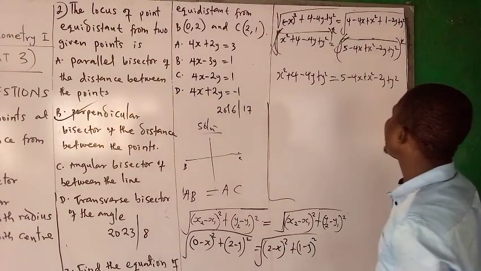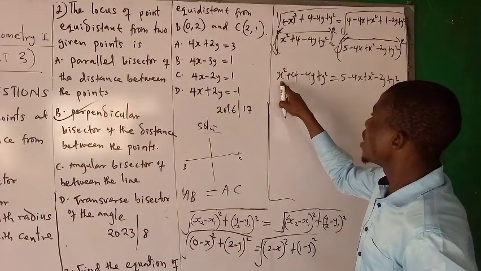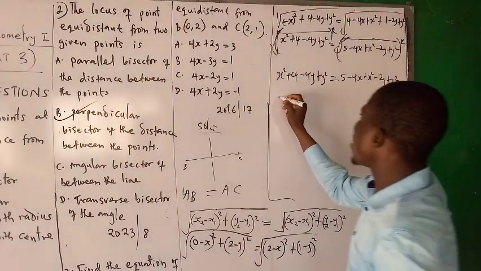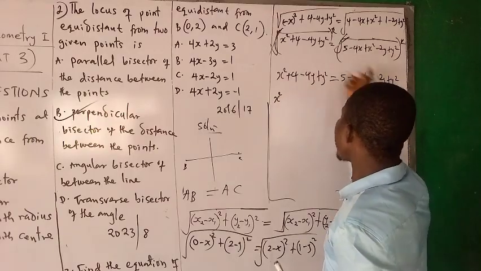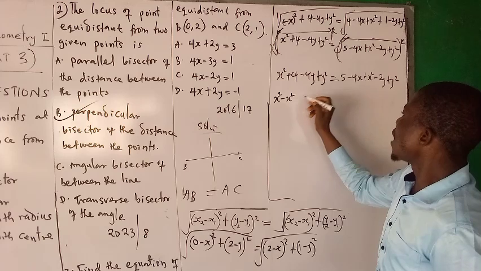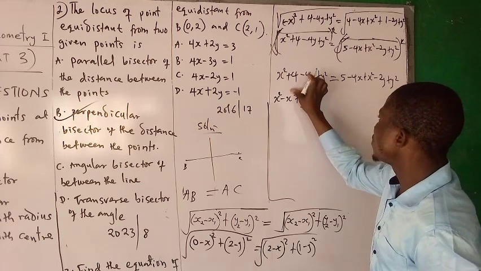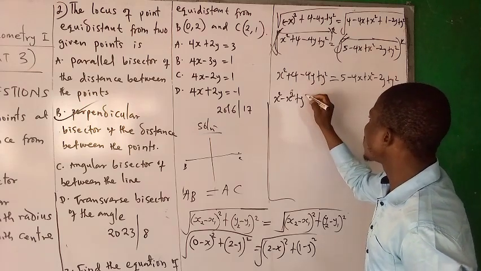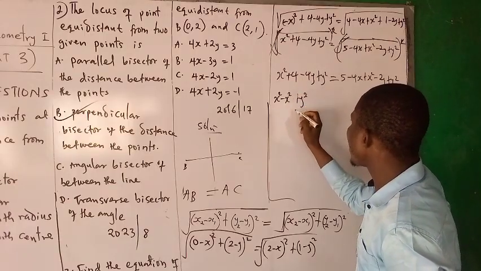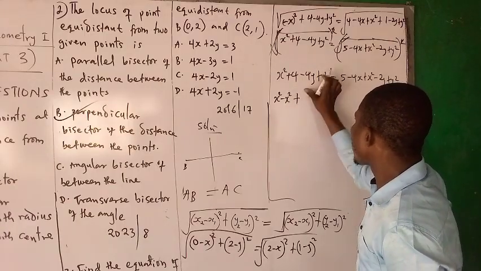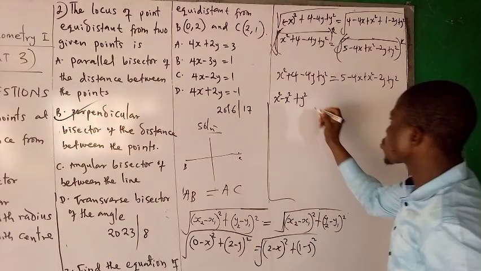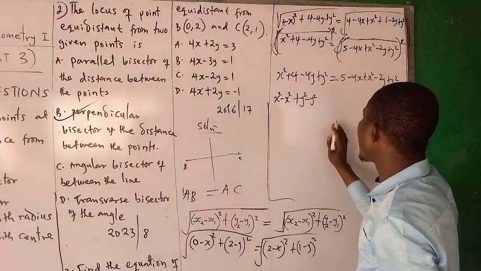Now we have x squared here and the x squared here. So this one is going inside because minus x squared. Are you following me now? Then plus y squared is here, y squared is here. Let me write it very well. This x squared, this is plus y squared. Now this y squared is coming this side because minus y squared.